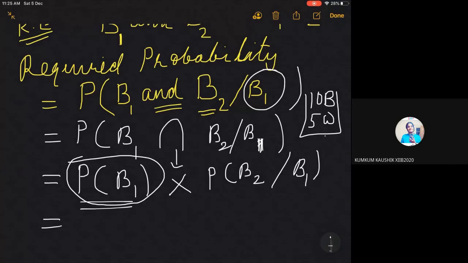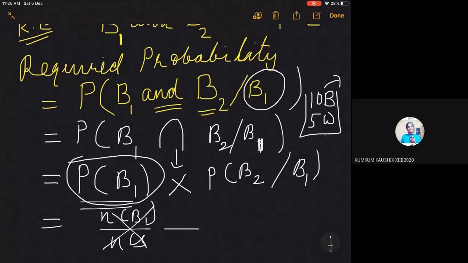Selection, as you studied last year, is a combination question. So the probability of selecting one black ball from this bag is n of B1 by n of S. You need not write that, you can imagine it.